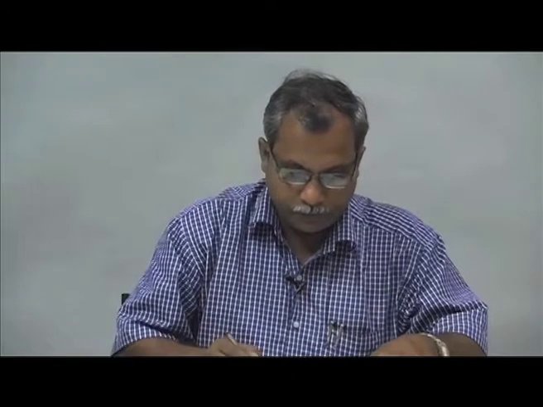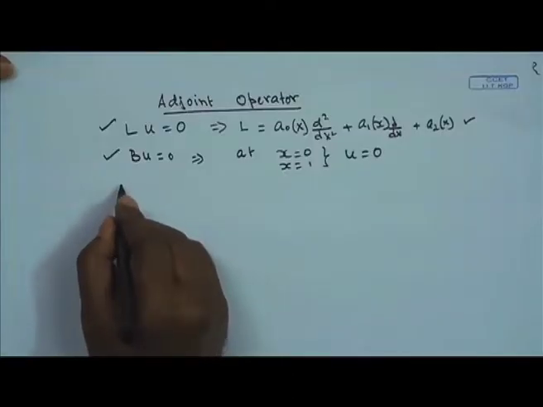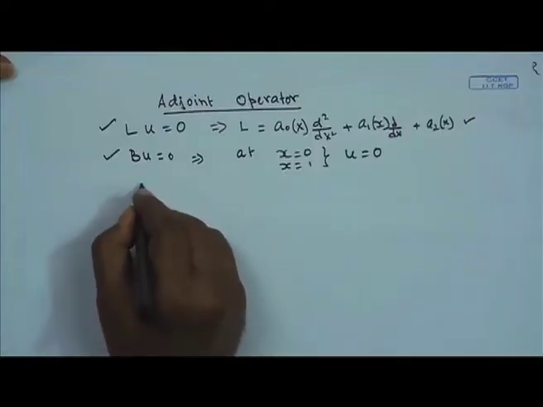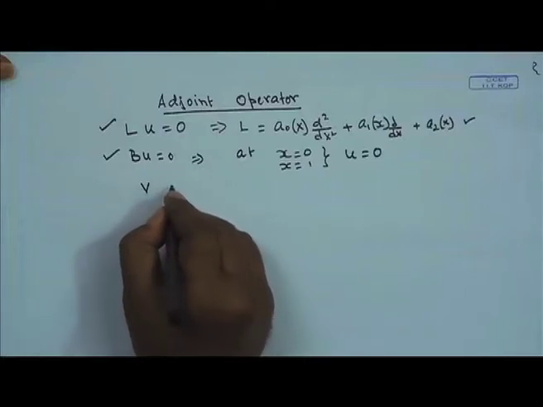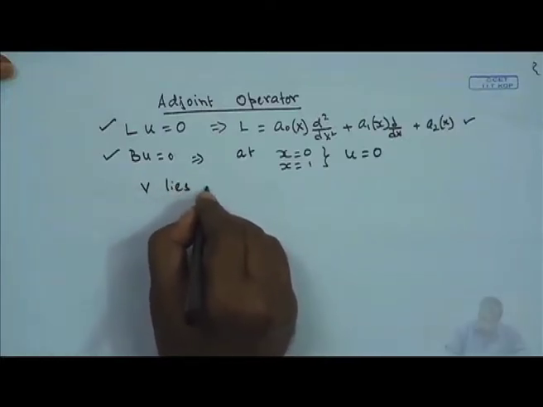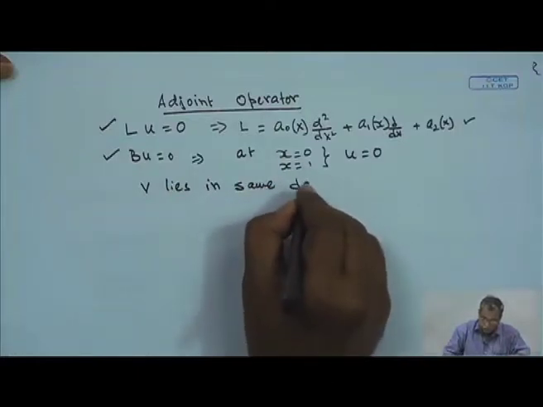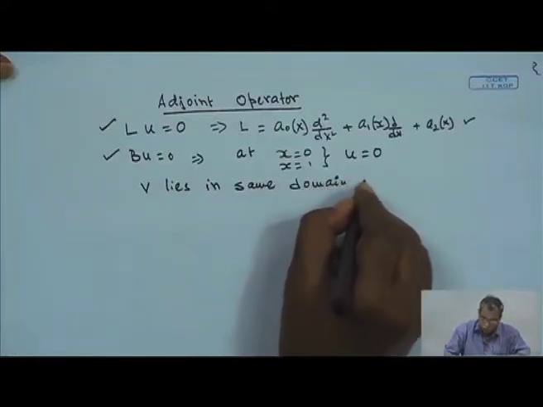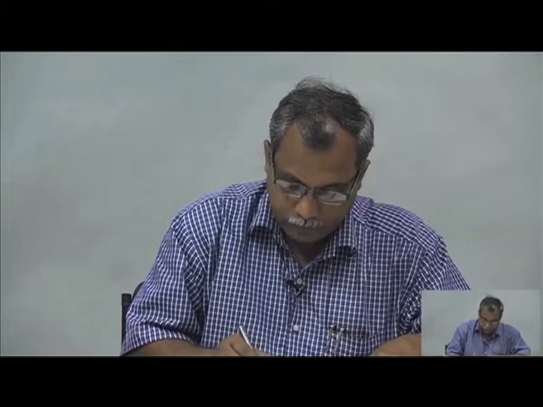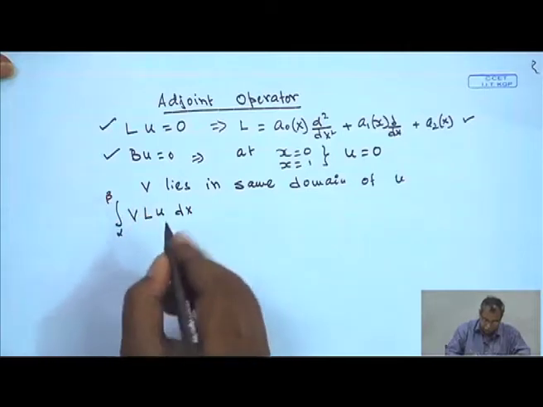Let's see the procedure. In order to get that, first we consider another variable v that lies in the same domain as u. Let us take the integral of v Lu dx, and this integration is over the domain of x from alpha to beta.